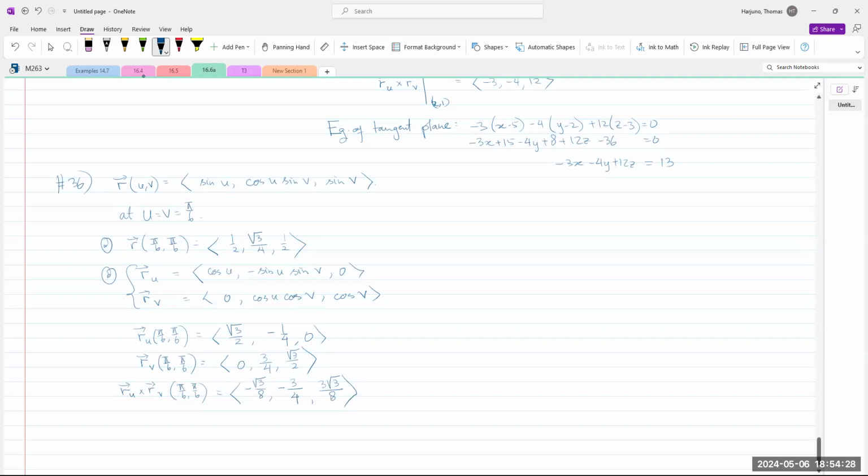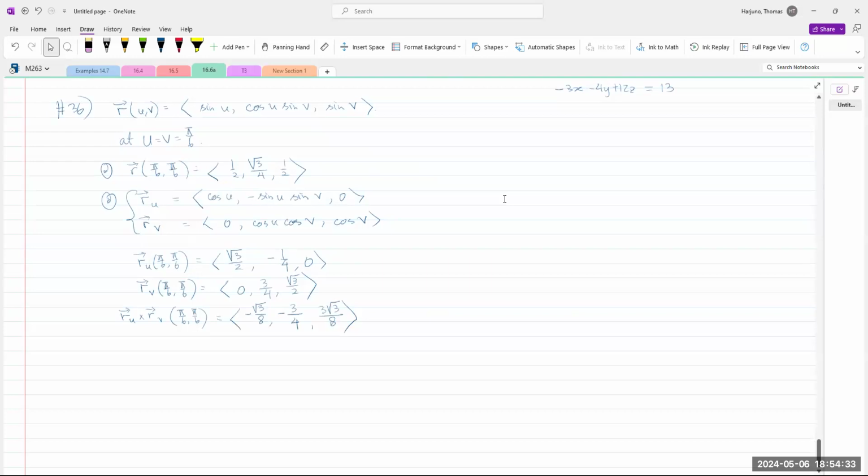So this is the vector normal to the plane. You know what? We just need a normal vector, right? So let's multiply this by LCD 8. That will give us negative radical 3, negative 6, 3 radical 3.